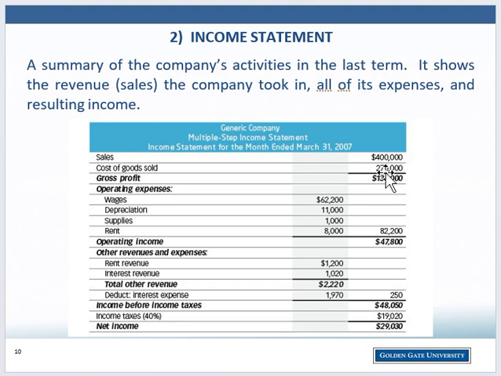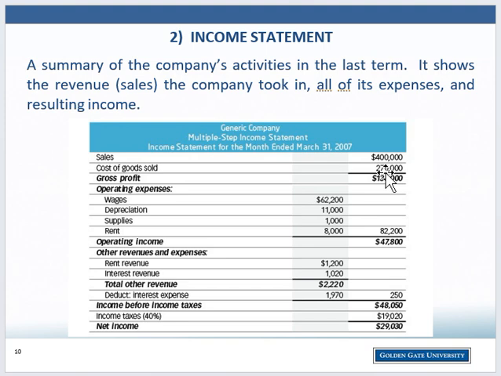Your machinery depreciates. There are supplies that you need to buy. If you are renting a place, rent comes there, and then there is the operating income, and then there are other parts, either revenue or expenses, not specifically related to operating income. You include those, and then after that you have taxes that you pay.